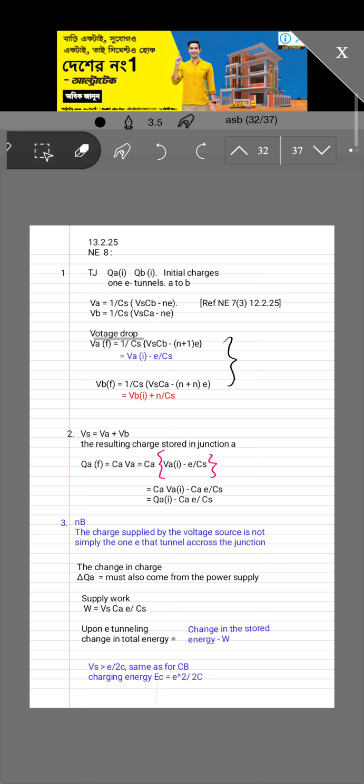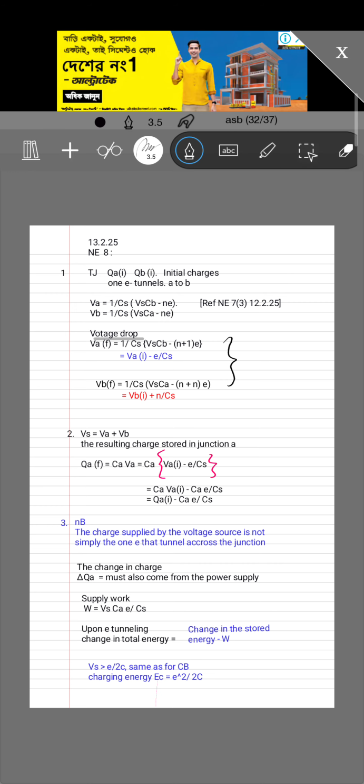Now, as the electron transfer takes place, if we calculate, then the value of the voltage again comes out to be equal to that of the electron tunneling, that is e/2C as the Coulomb voltage and e²/2C as the other voltages.